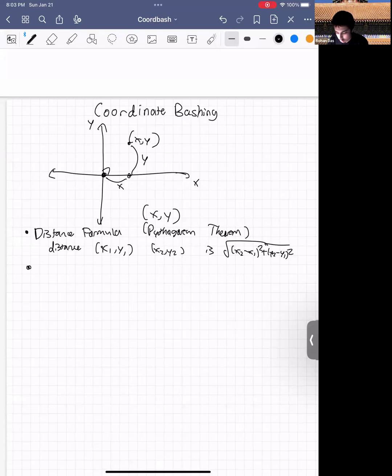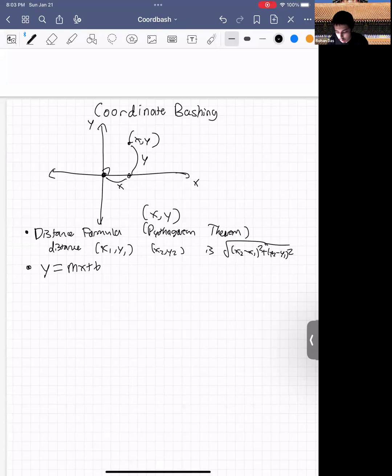And the equation of a line, there are many ways you can express it, but the one that's usually the most important is y equals mx plus b, where m is the slope of the line and b is the point at which it intersects the y-axis.